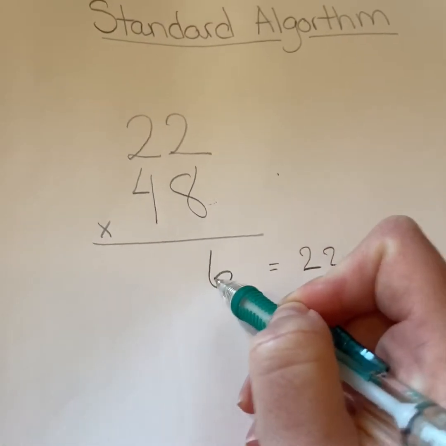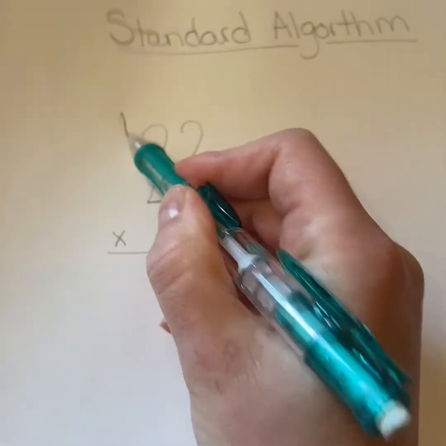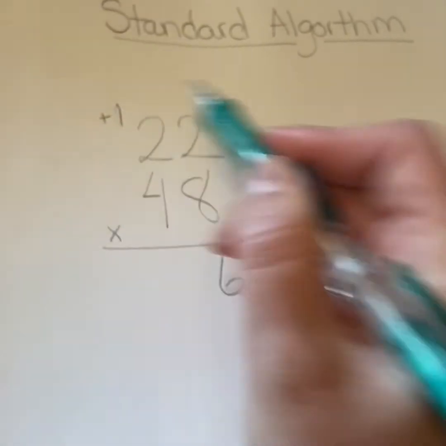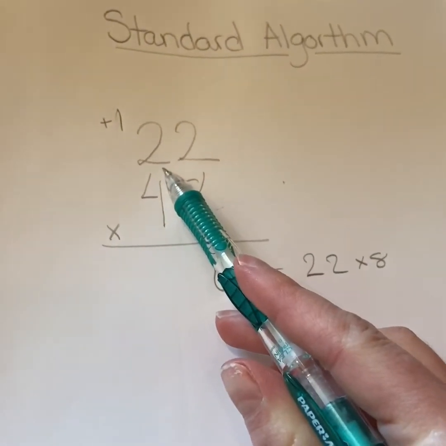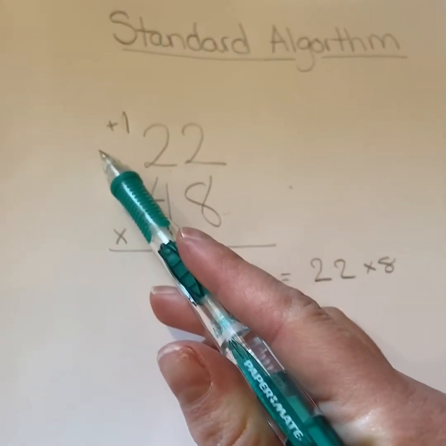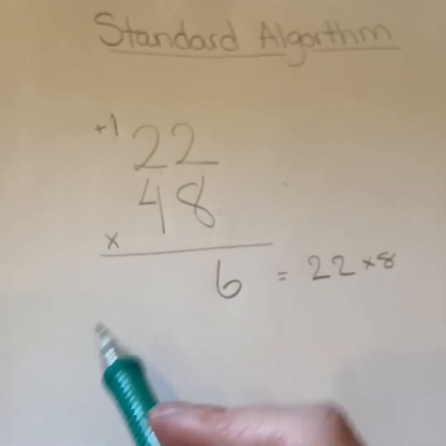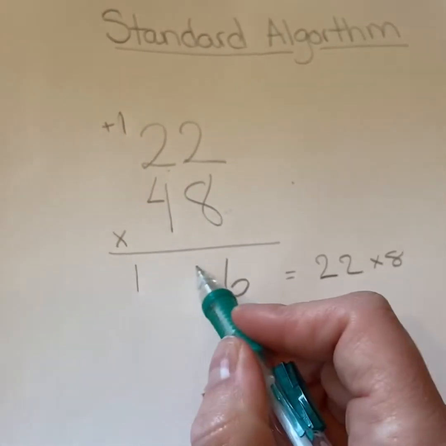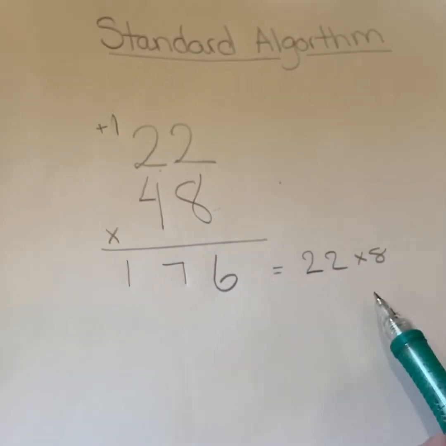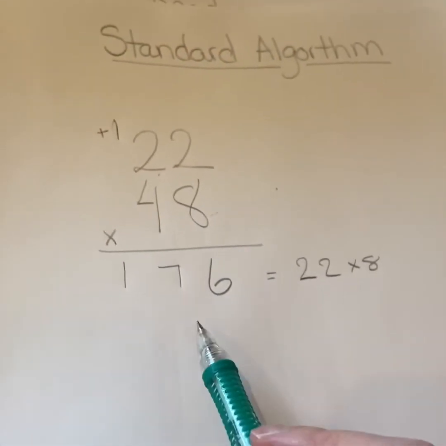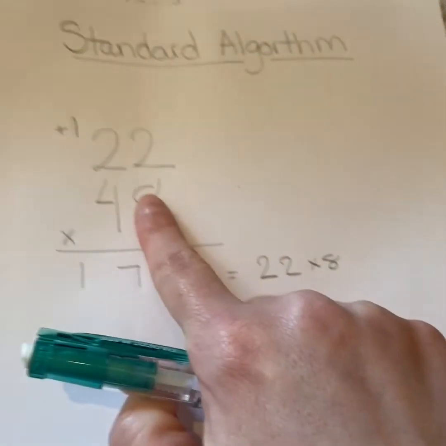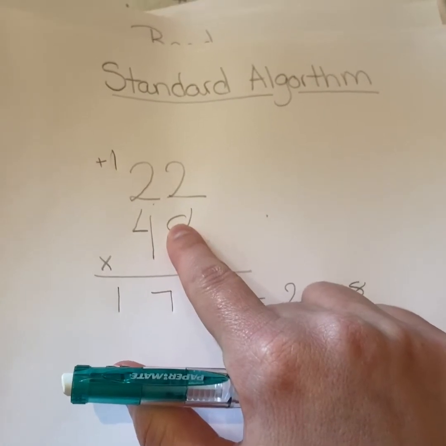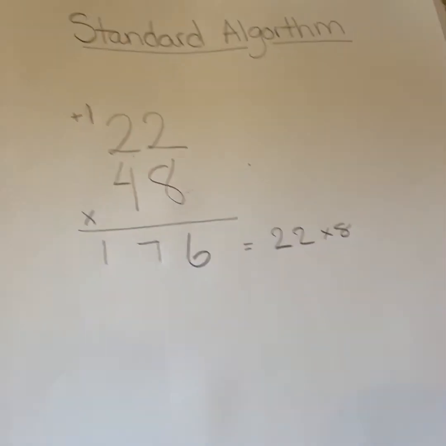So that's 6 ones, and I'm bundling my 10. I'm going to add that 10 in later. Then I'm going to do 8 times 2 again, which is 16, plus 1 more is 17. So I'm going to write down 17. So 22 times 8 is 176.